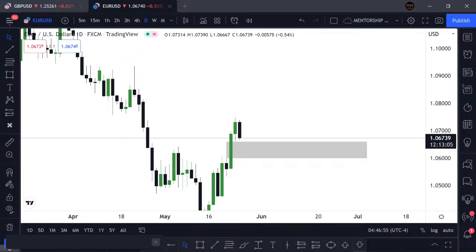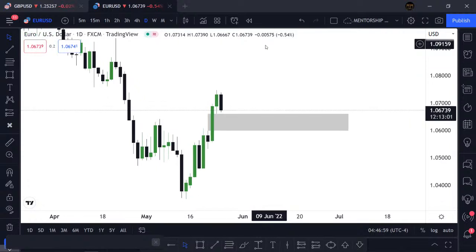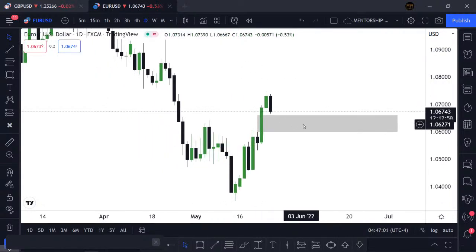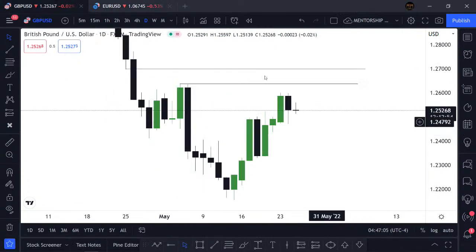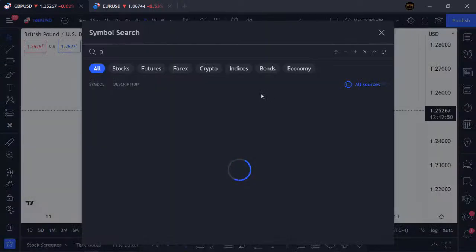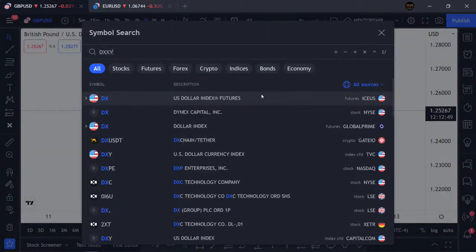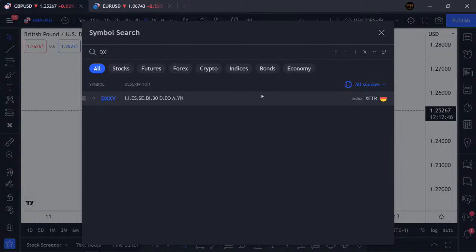Okay, so the euro dollar, this is what you're going to do. This is a daily chart on the euro dollar. Let's look at the dollar index on a daily chart. I'll show you something here, DXY.